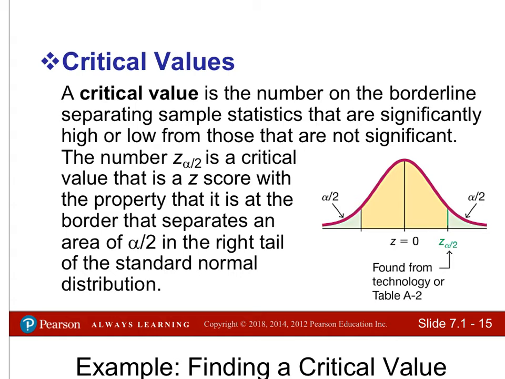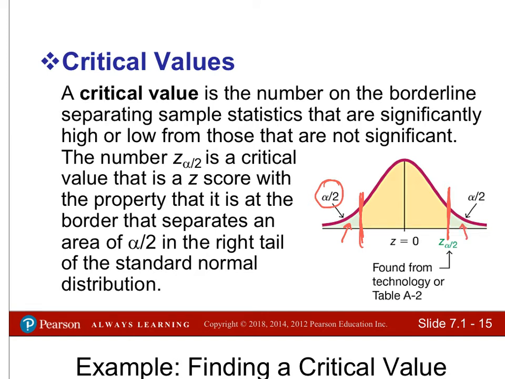So let's talk about some notation, right? We talk about critical values. If you look at this bell curve, critical values are these boundaries right here. They're going to be symmetrically placed, and we place them in such a way that there's alpha divided by 2 area here and alpha divided by 2 area there.